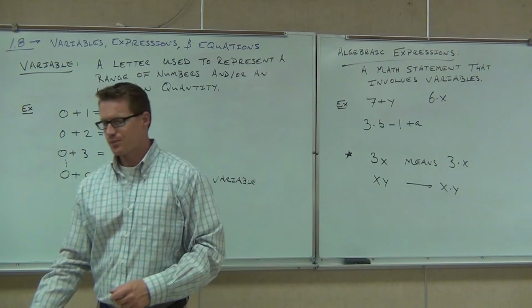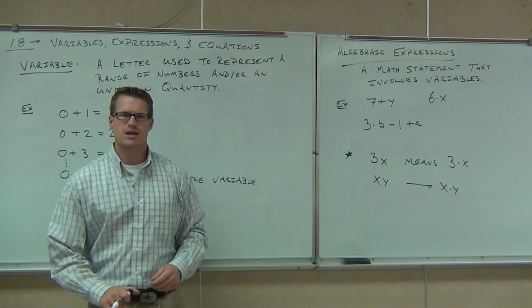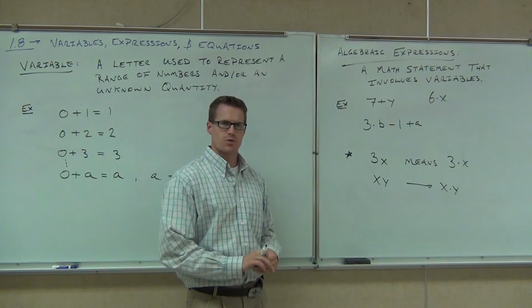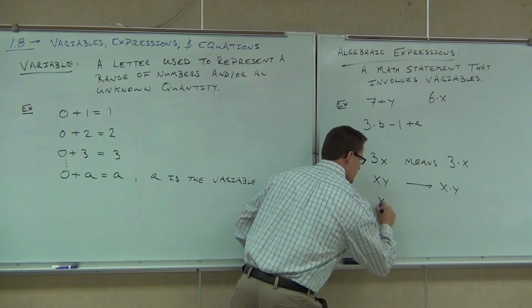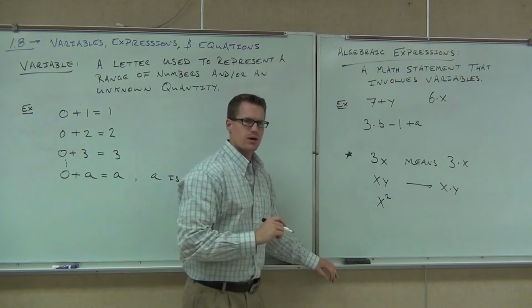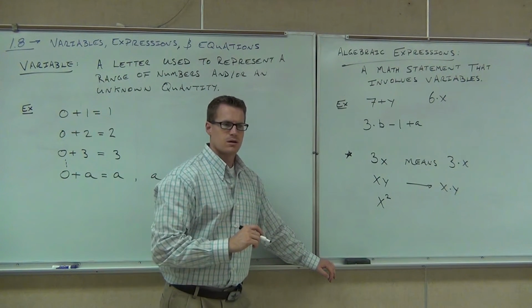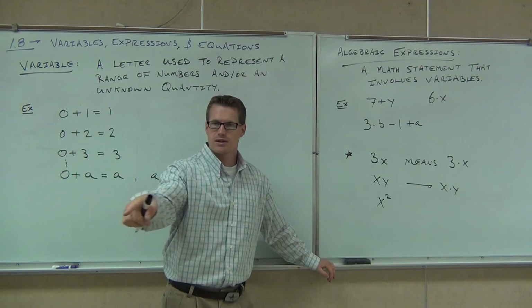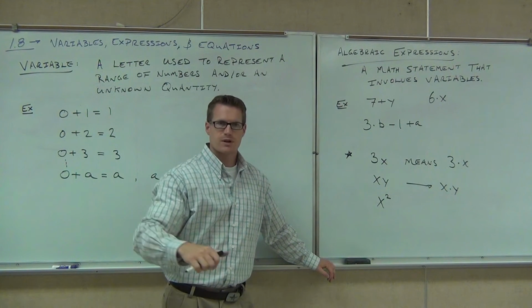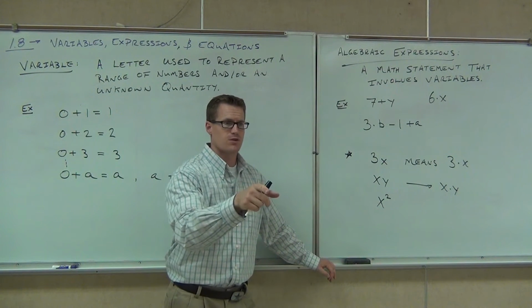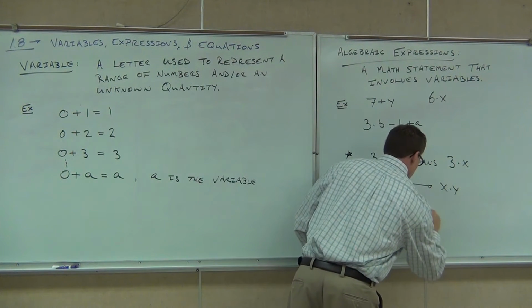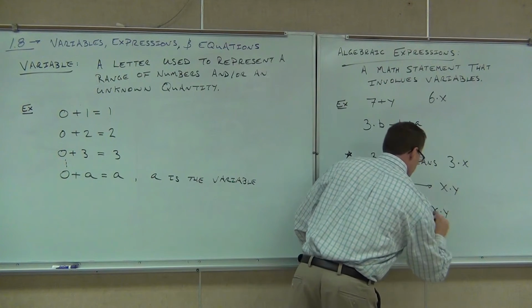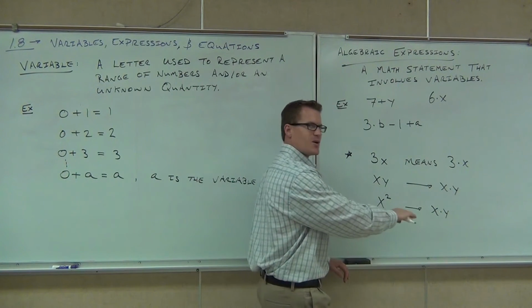Hey, also, we haven't talked about this yet, but do you suppose that exponents work with variables as well? Yeah. So when I say, how would I say that, by the way? X squared, that's how I'd say it, or x to the second power. Perfect. And what it means is, I think, Jeff, you had that, it was x times x. Perfect. Not x times y, I made a mistake there.